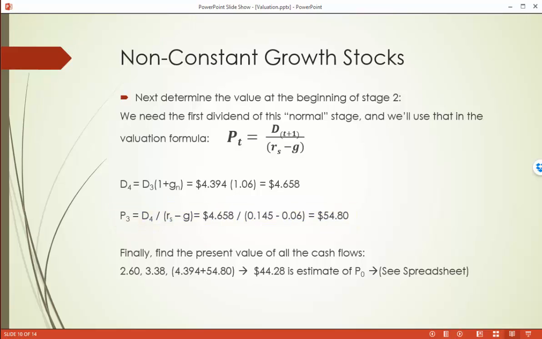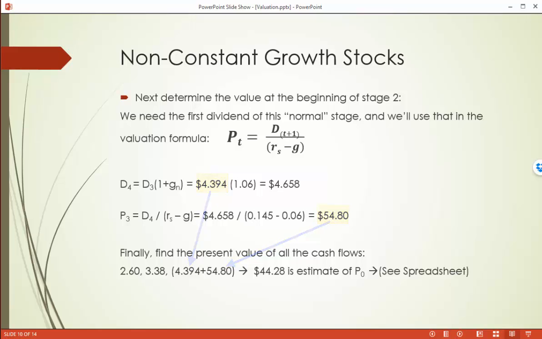So the last thing we do here is find the present value of all the cash flows that the investor will receive. Let's think about each of those. $2.60 is D1. $3.38 is D2. And then at the end of time period 3, an investor would receive these two cash flows: D3, which is $4.394, and also P3.